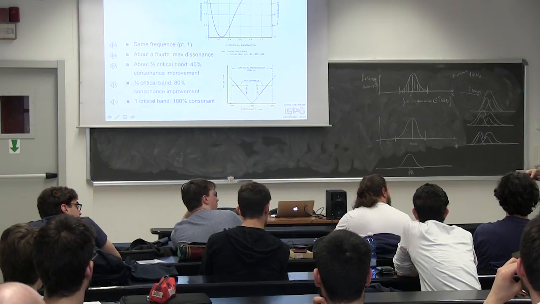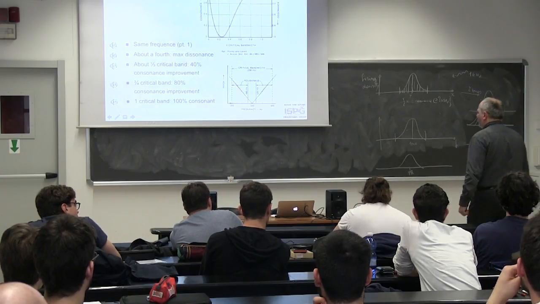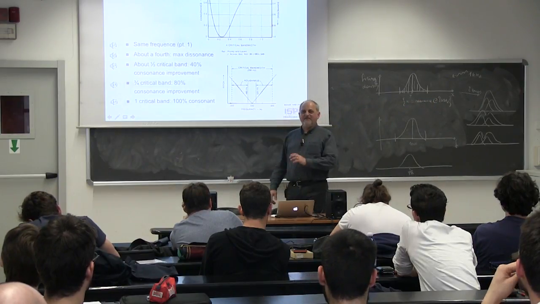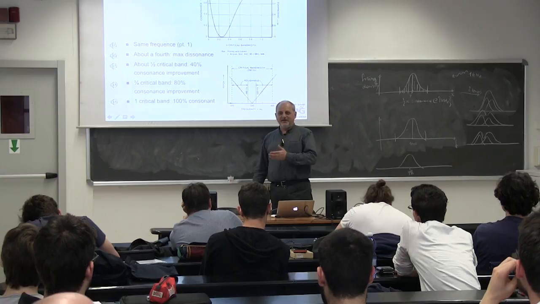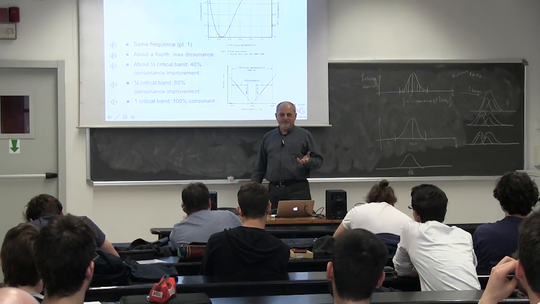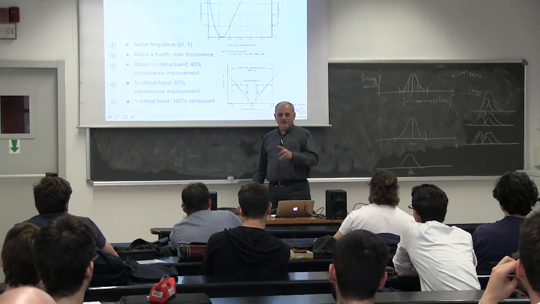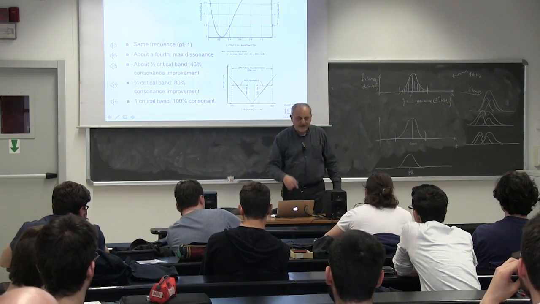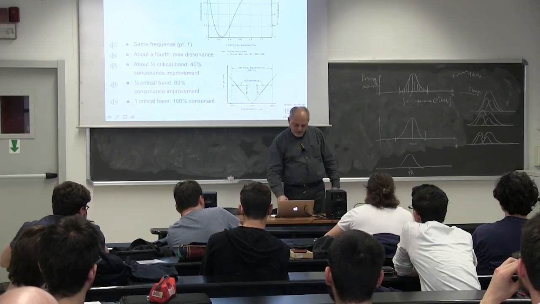So you have a perceptual idea of what it means. So a fourth of a critical band is a fourth of a minor third, which corresponds to a half tone. Right? So it's two tones divided by 4, which is one half tone. And in fact, I just played it, and it corresponded to a half tone.